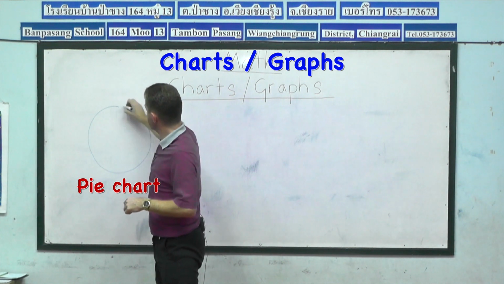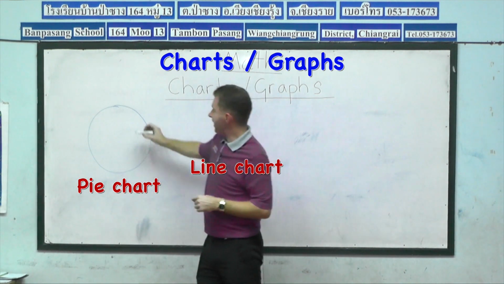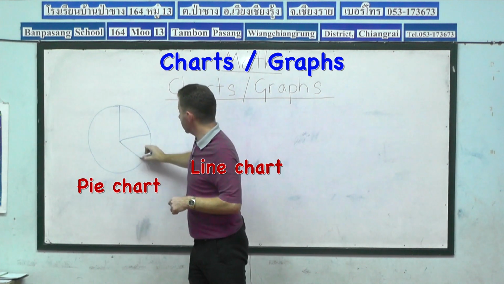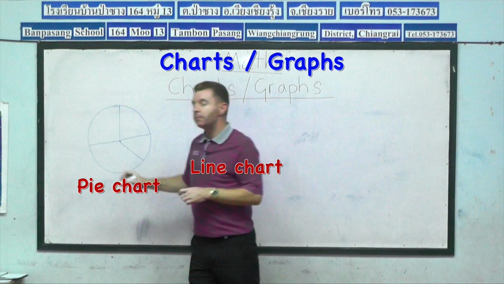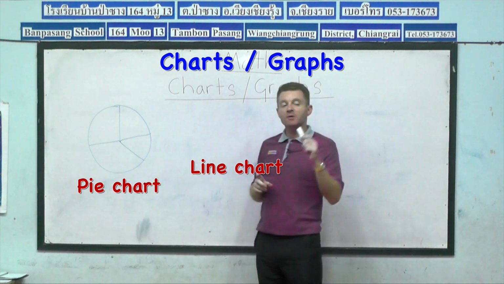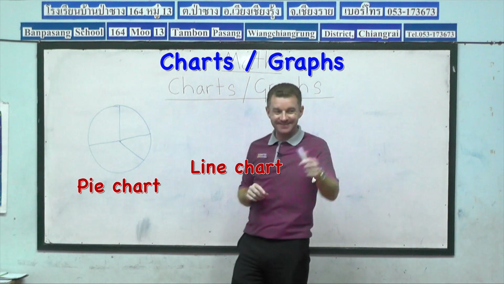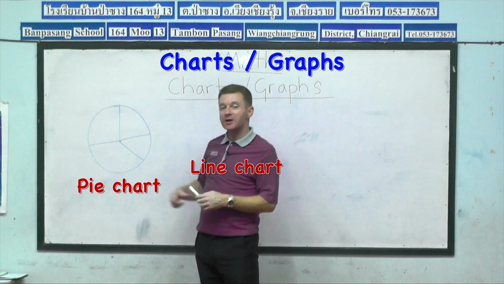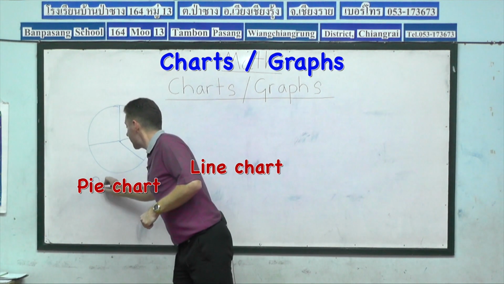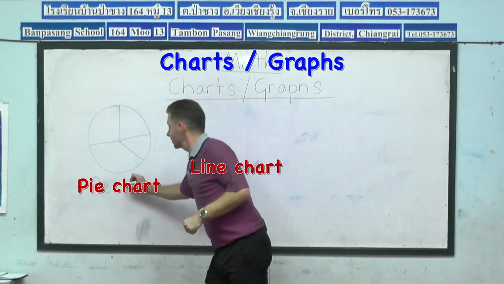here we have a circle. But then, if I start cutting this circle into sections, does anybody know what type of chart this is? Now think about food. Yes, well done. This is what we call a pie chart. P-I-E.